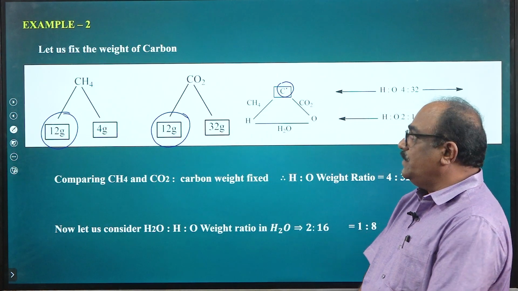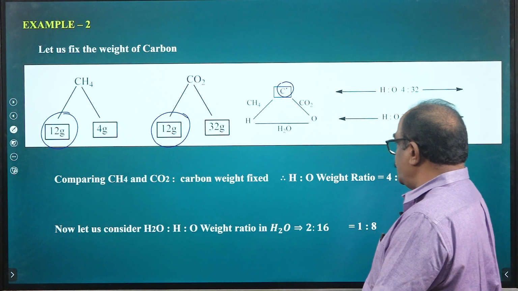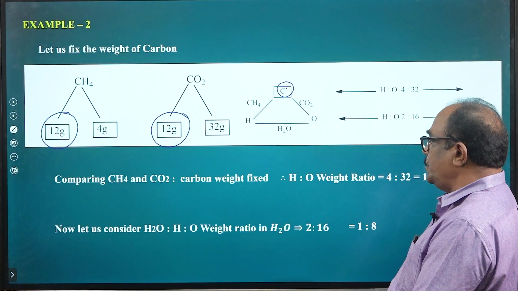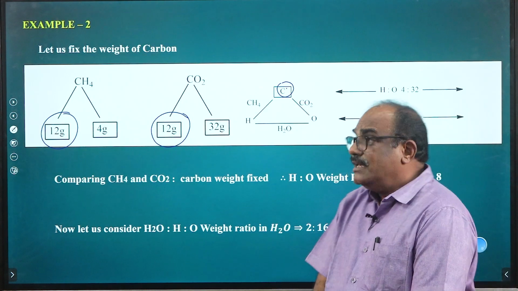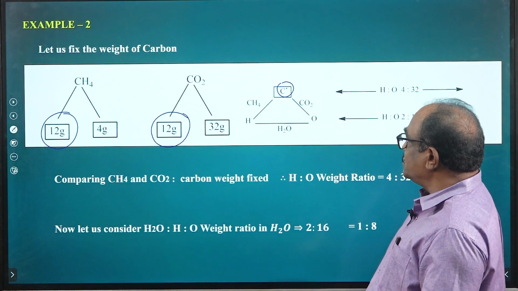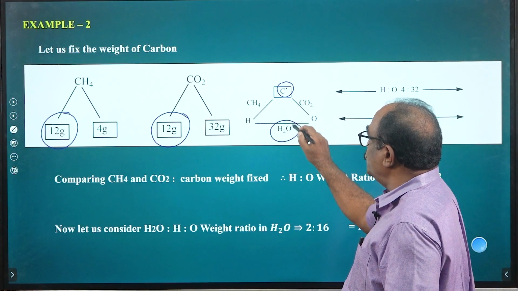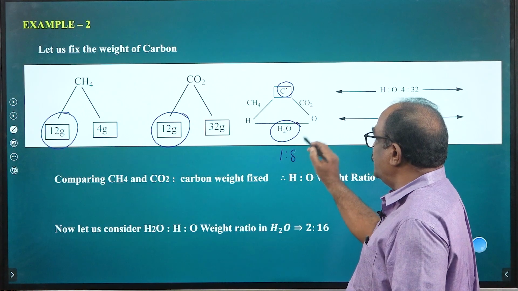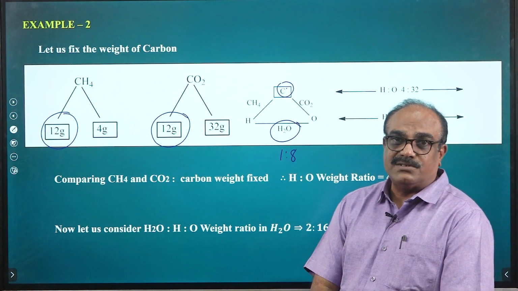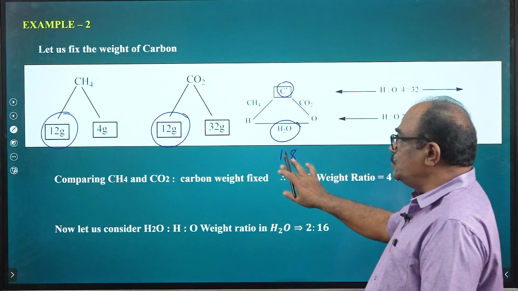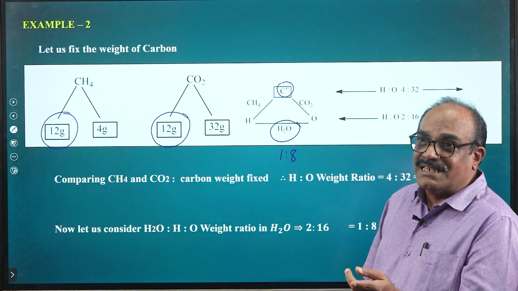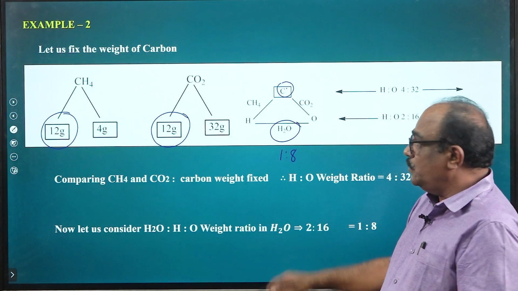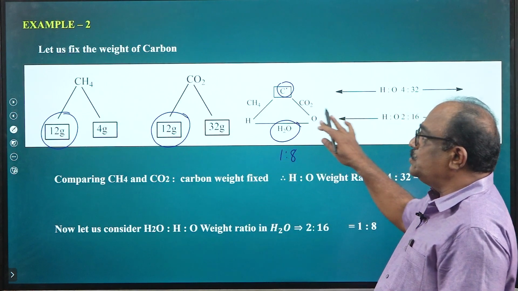Their mass ratio will be 4 grams to 32 grams. 4:32 is equal to 1:8. In previous discussions, we saw that in H2O also, hydrogen and oxygen combine in a 1:8 ratio. Yes, the same ratio is maintained, or a multiple of it is followed. In this case, the same ratio is maintained.